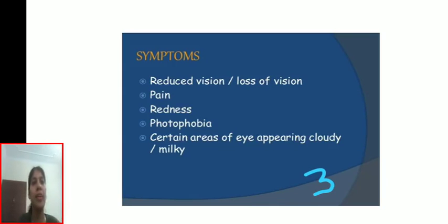A certain area of the eye appears cloudy and milky. These symptoms relate to our homeopathic drugs, and we treat the initial stage of corneal opacity, or the spreading of corneal opacity, to stop its spreading.